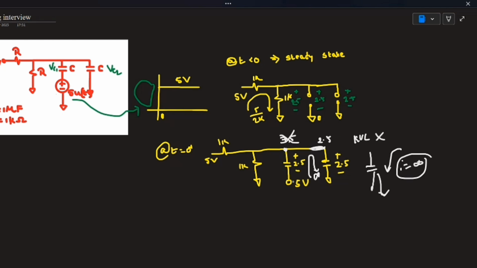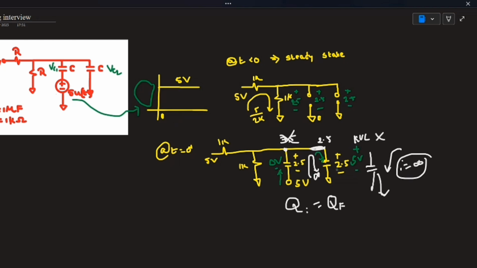Due to the instantaneous current flowing through this 5 volt battery, the charge distribution Q initial will be equal to Q final. By this we get the charge distribution, and this capacitor will be charged in this direction to 2.5, and this capacitor will be charged in this direction by 2.5. So the voltage will be 0 volt here and 5 volt here.